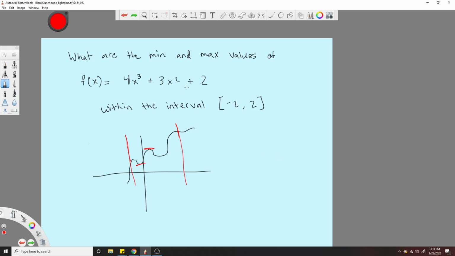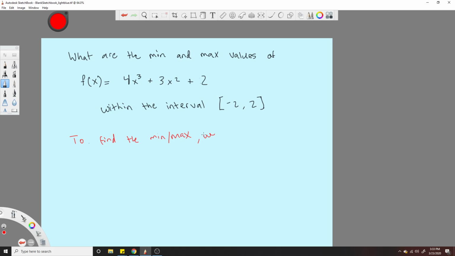The way you figure out which one truly is the min and max is you find all of them. So to find the min and max, we need to find the endpoints and the points where the tangent line is 0.